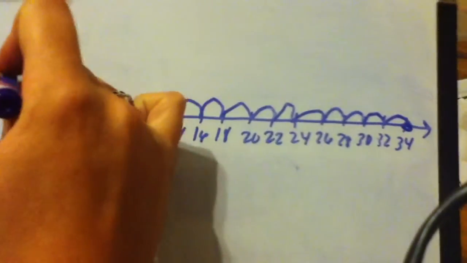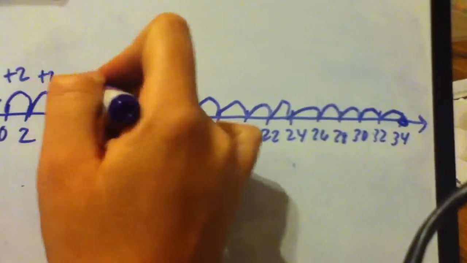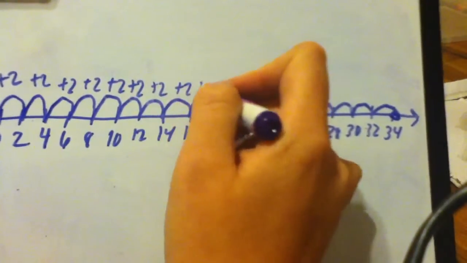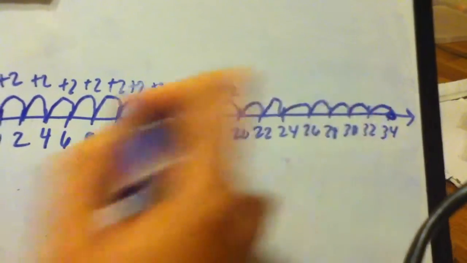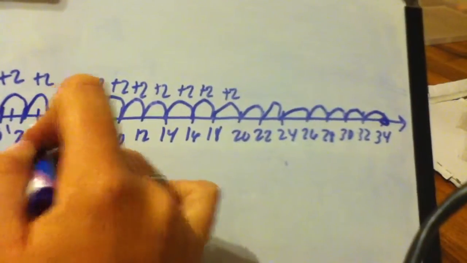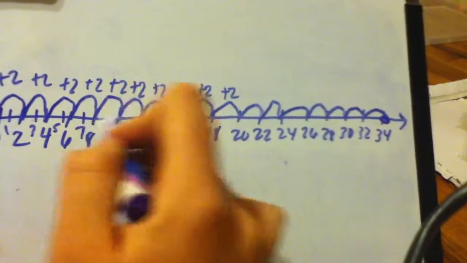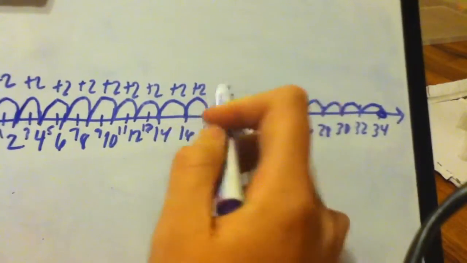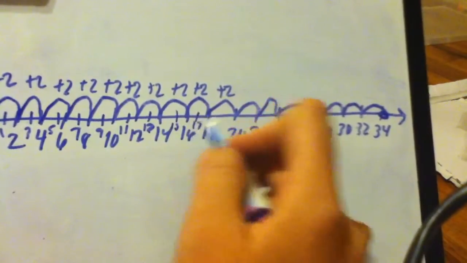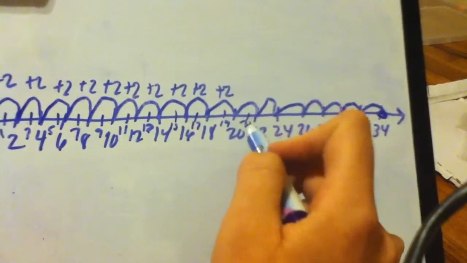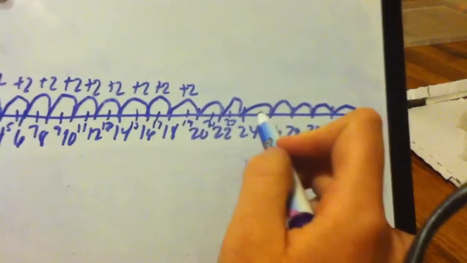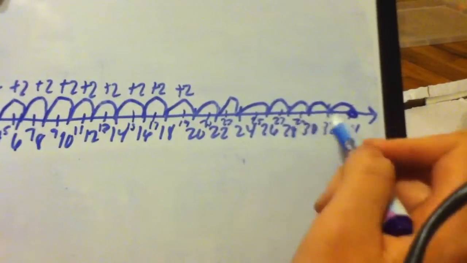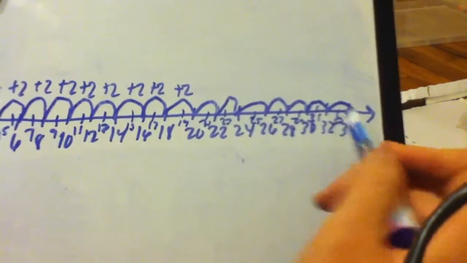So we were just adding 2 every single time we jumped, which really, when you're counting objects or counting on the number line or anything, and say there was like a 1, 3, 5, 7, 9, 11, 13, 15, 17, 19, 21, 23, 25, 27, 29, 31, 33.